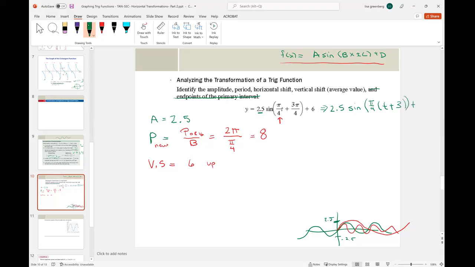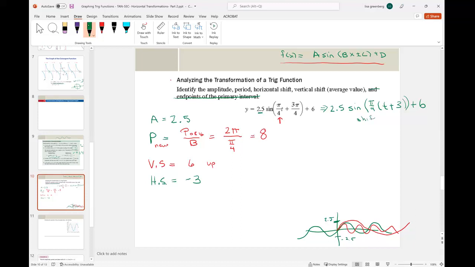So now I know my horizontal shift. It's left 3, or we would say negative 3. That's what Alex wants you to say. So that's why we need to be able to transform this. This is the shifted form.